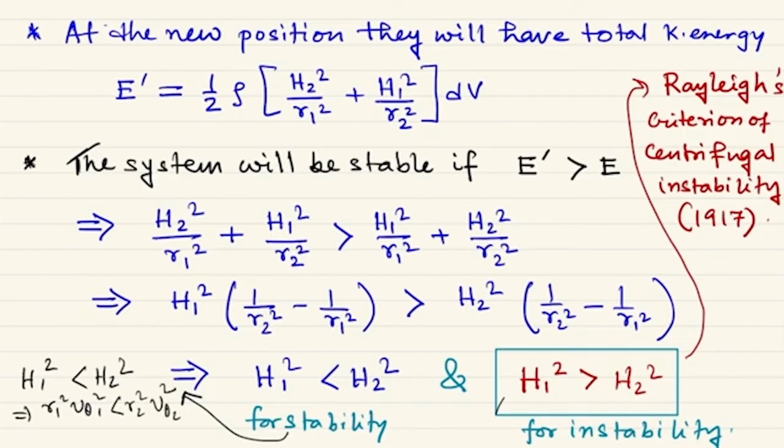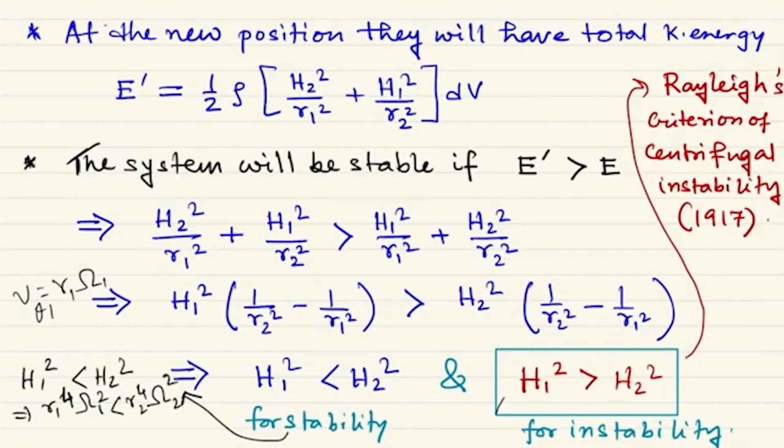Now what is v theta? v theta is nothing but r omega. So with v theta 1 equal to r1 omega 1, that would simply be r1 to the power 4 omega 1 square less than r2 to the power 4 omega 2 square.